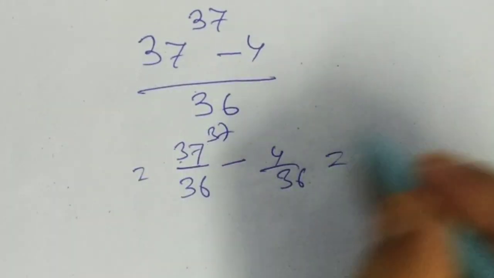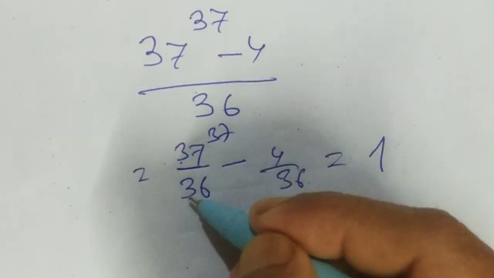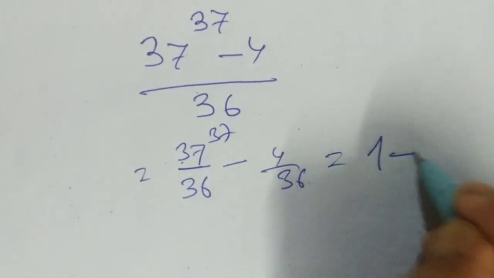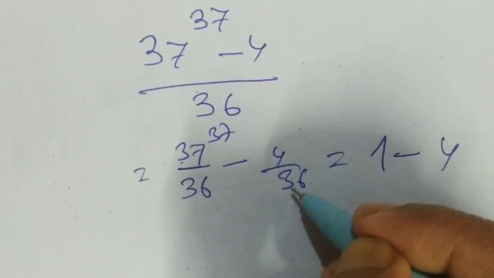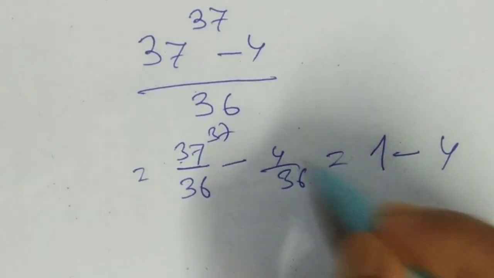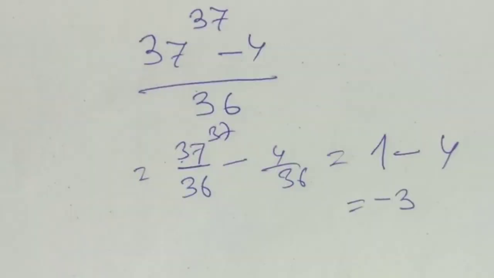So we can say this is 1, 37 by 36, the difference is 1 and A is greater than B. So the remainder is 1 here, and minus 4, because 4 by 36 is not divisible. We cannot divide 4 by 36. So ultimately the remainder is here minus 3.